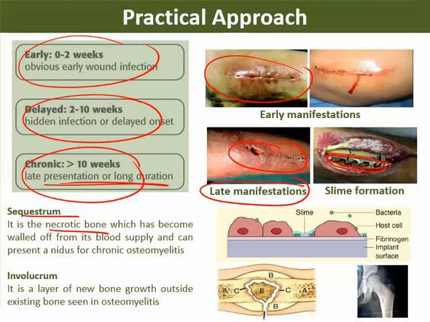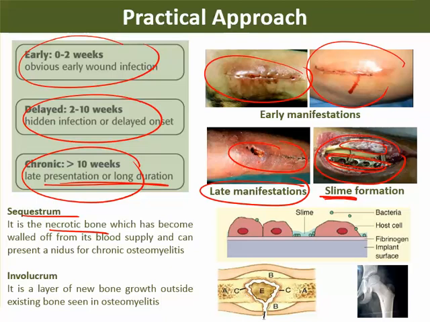It is reddish and swelling, and edema fluid is oozing out. When they opened it, they saw some pus between the metal plate and the bone. That is called slime.